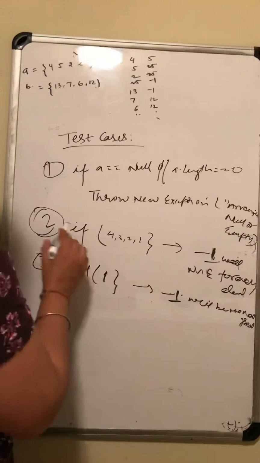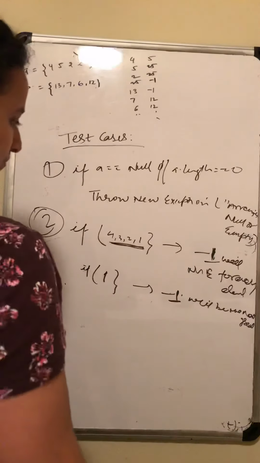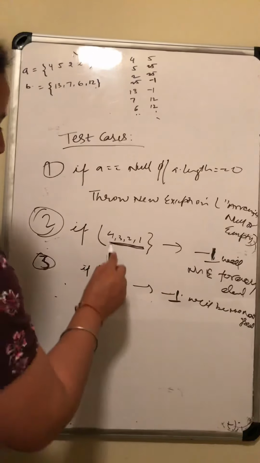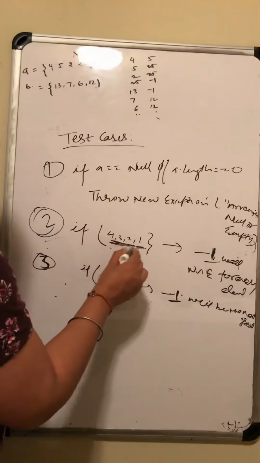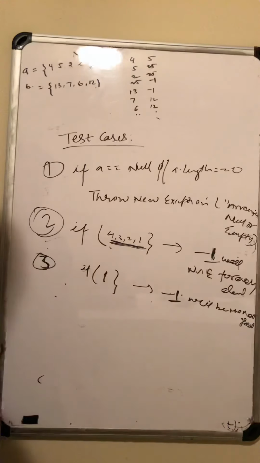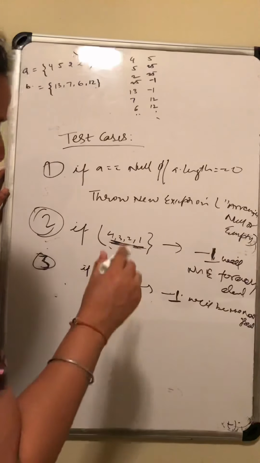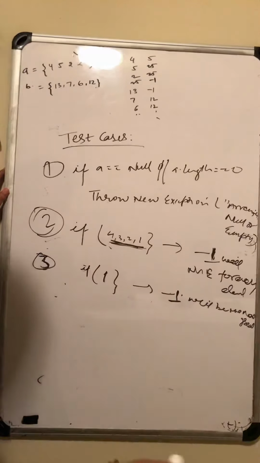And if the array contains all numbers in decreasing order, I will push the element, then pop, and again push the element. In this condition the time complexity will be more, because every time I have to push the element into the stack, then pop it, then push the element again, and then pop the element.